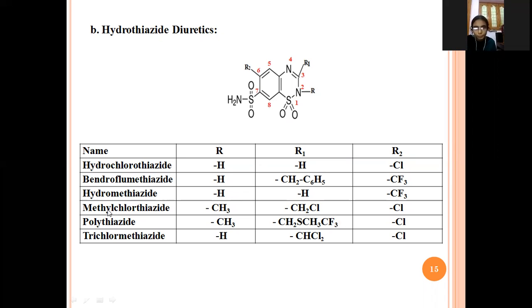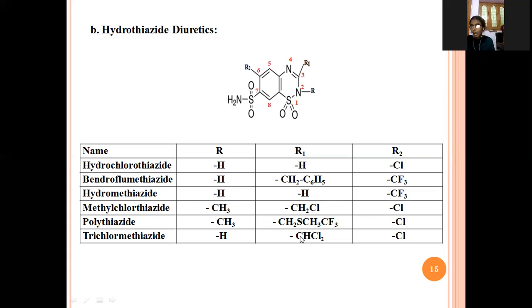Next, methyclothiazide. In R position, the methyl group is attached. In R1 position, the methyl group is attached. And in R2 position, the chlorine group is attached. So next drug is polythiazide. Here in R position, the methyl group is attached.